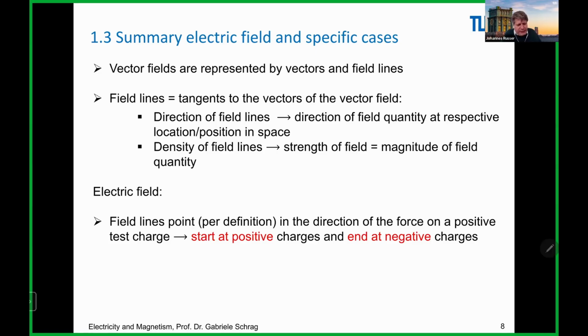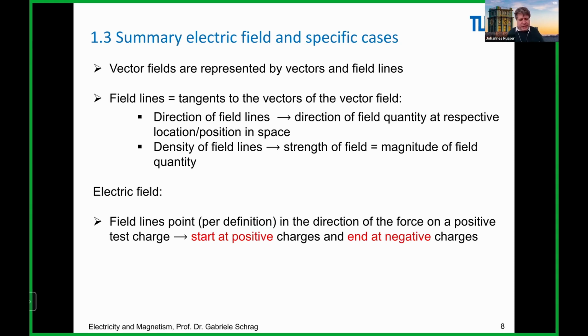For the electric field, you have the field lines that are pointing in the direction of the force on a positive test charge. So they start at a positive charge and they end at negative charges. So this is just how the field is defined.